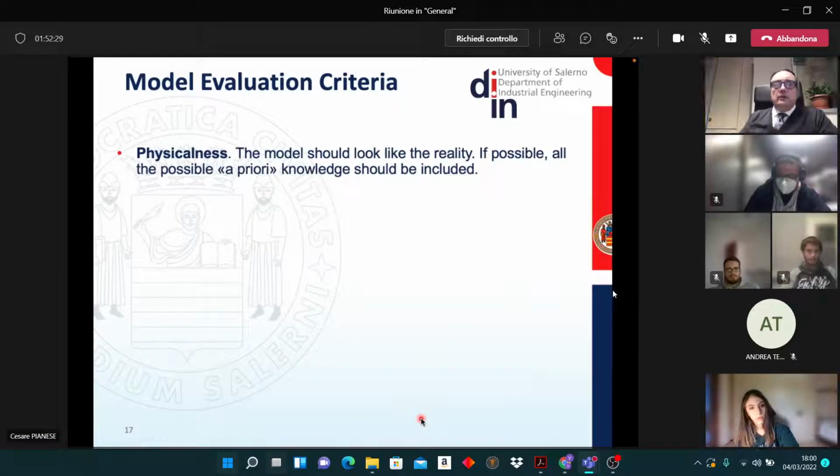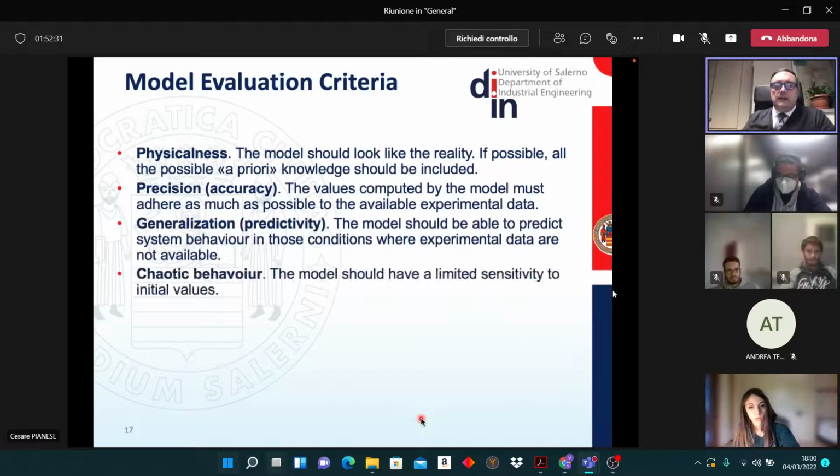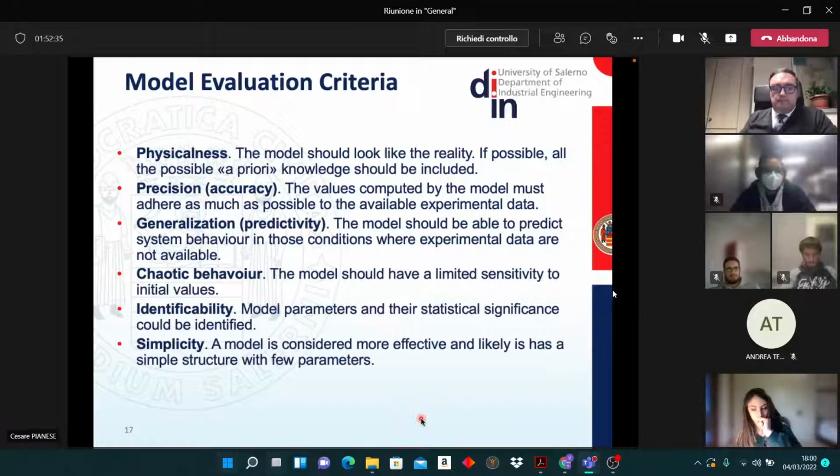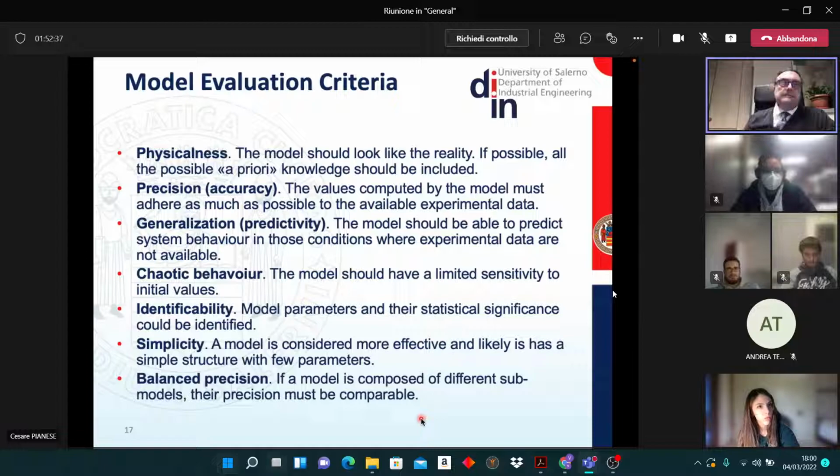Here is the list of the evaluation criteria. So if we have a model, we must evaluate, assess the capability of the model.